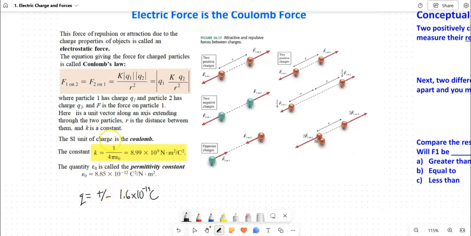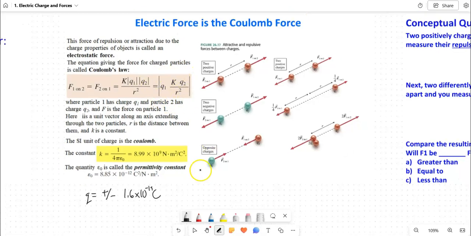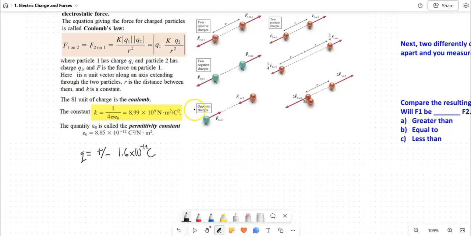Now, how we are going to write our equations, it's written in your books pretty much like this, but I want us to write it like this. So we're going to write our Coulomb force equation as, we're going to put our brackets first.